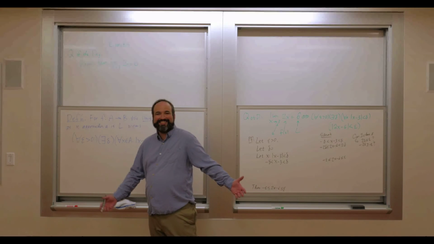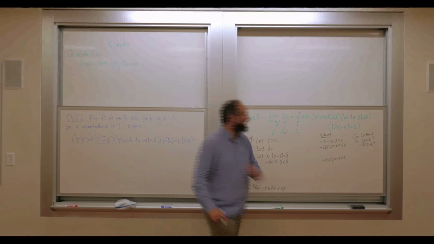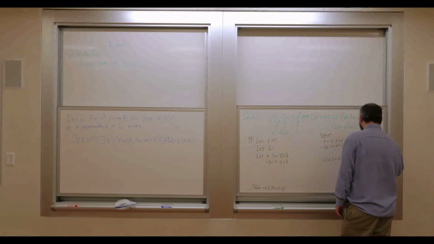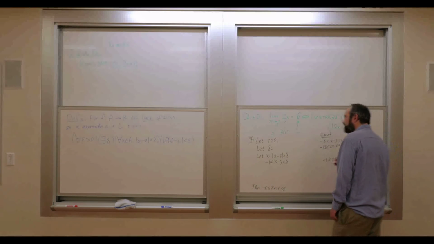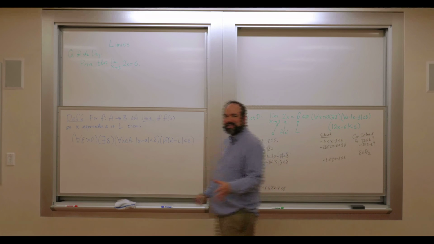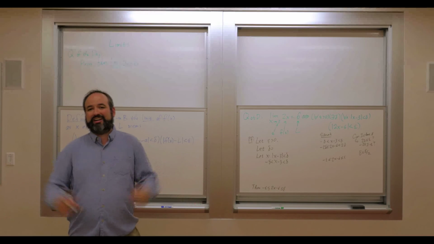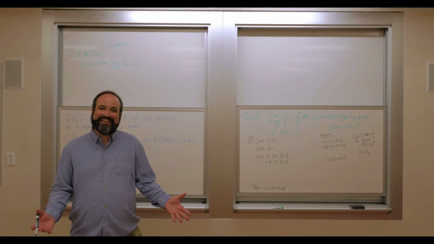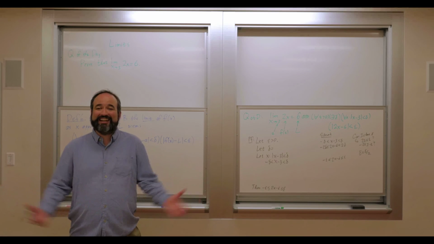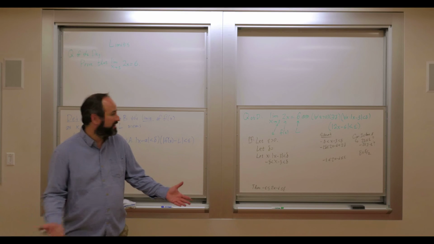Well, yeah. Delta equals epsilon over 2. If I let delta equal epsilon over 2, then 2 times delta equals epsilon. That means that everywhere there's a 2 delta, I can replace it with an epsilon.